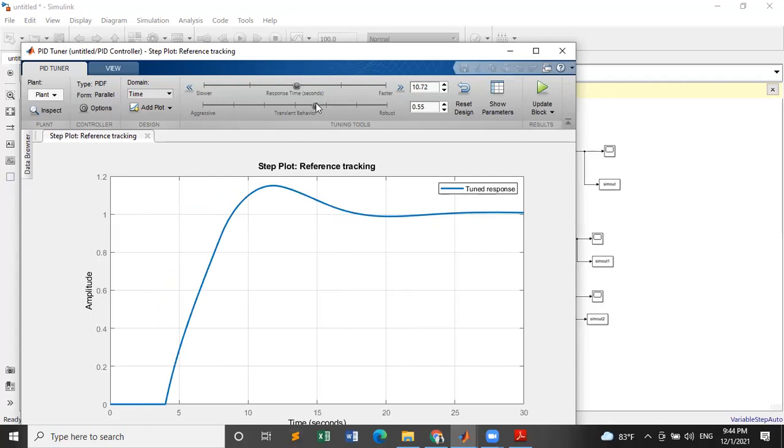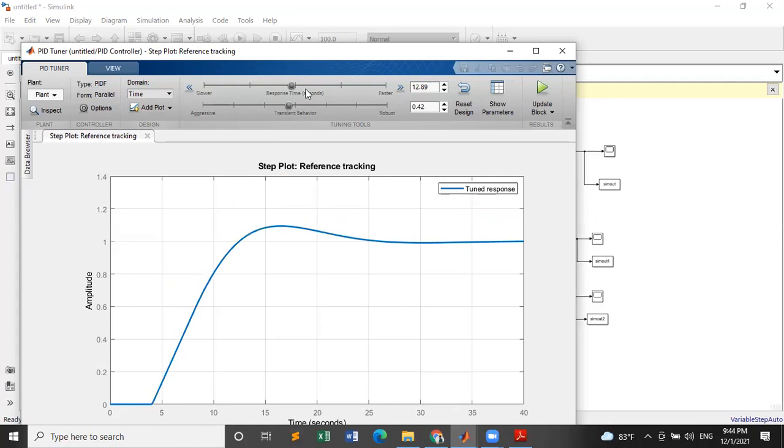This looks fine now. We get the steady state, we need it a little bit fast.